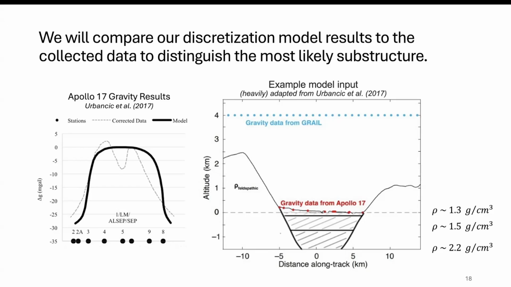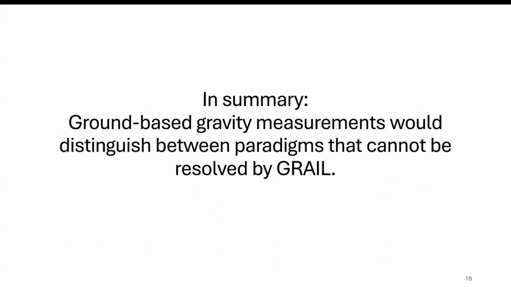And we would do different subsurface structure scenarios and see which one fits best, combining GRAIL data, constraining what it would look like underneath, and then adding the model data from a ground-based traverse. So in summary, our results are that ground-based gravity measurements would distinguish between paradigms that cannot be resolved by GRAIL.